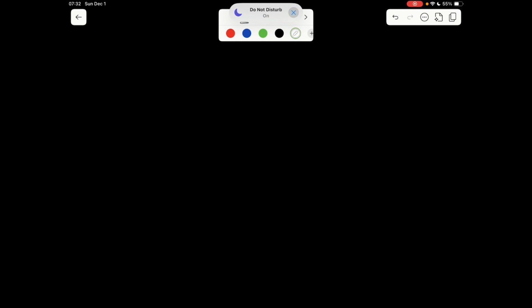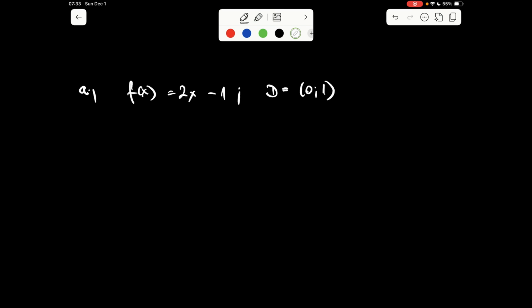Okay, so let's go over the sub-problems one by one. In problem A, we have the function 2x minus 1, and most importantly, the domain of the function is an open interval. Over such an open interval, there is no maximum, only a supremum, because working on an open domain, we can get arbitrarily close to 1.